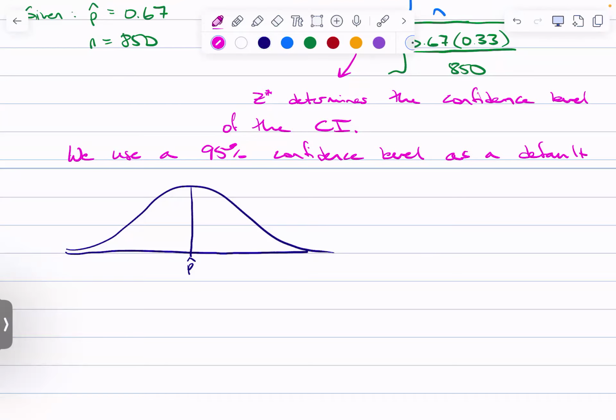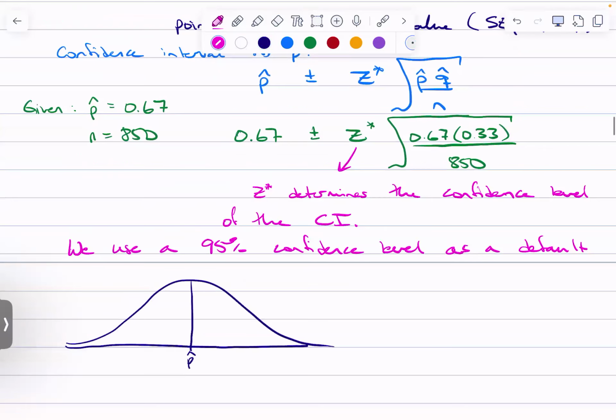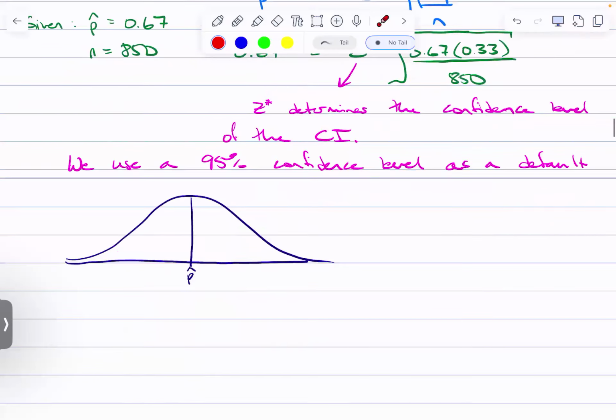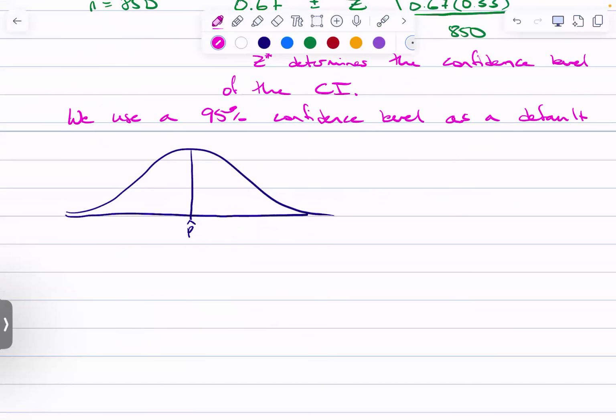But what we want to find is, okay, I want to go down a little from p hat and I want to go up a little from p hat, right? So how much is a little? Well, if we're using a 95% confidence interval, what that translates to is that we would want to force this area to be 95%.